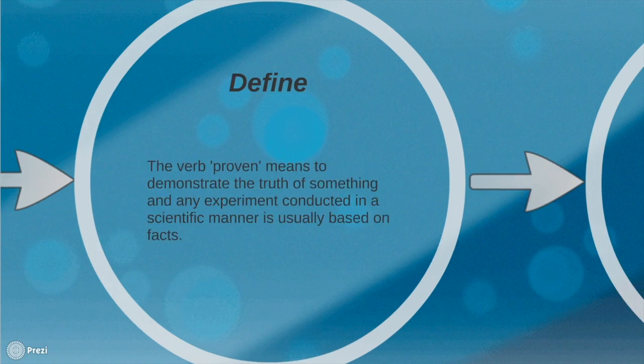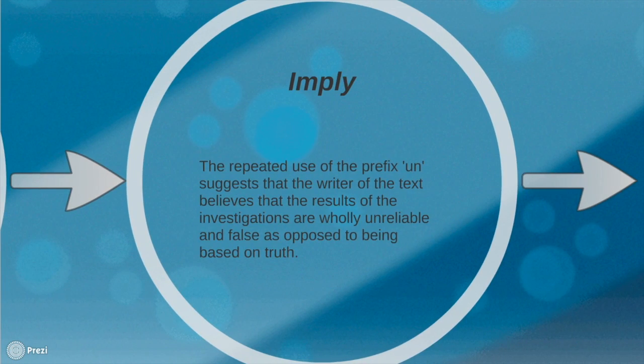And the reason why I've done that is because we need to explain why the writer has used the prefix un, okay? Now the repeated use of the prefix un suggests that the writer of the text believes that the results of the investigations are wholly unreliable and false, as opposed to being based on the truth.